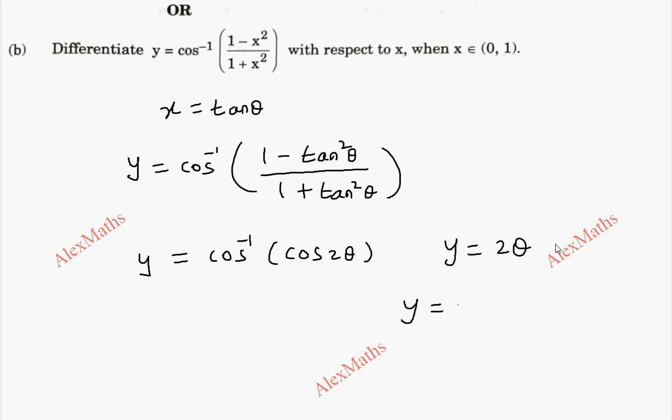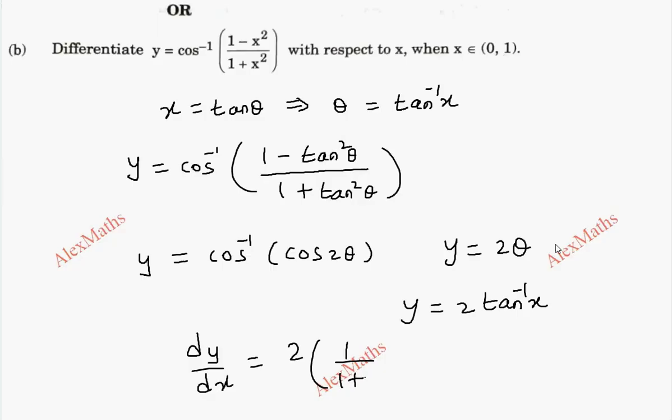We are going to replace theta from here. From here theta is tan inverse x. So 2 tan inverse x. So from here we differentiate, dy by dx, which is 2 into 1 by 1 plus x square. So it is 2 by 1 plus x square.